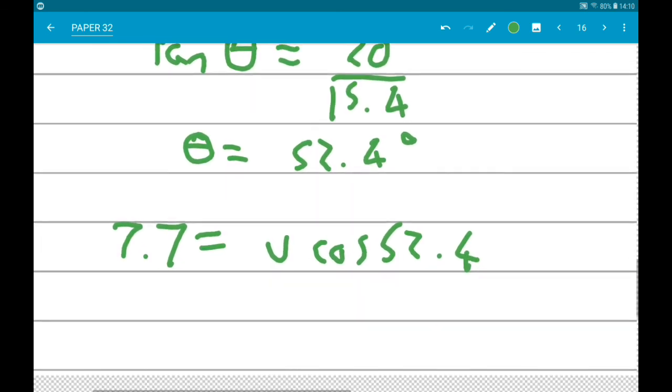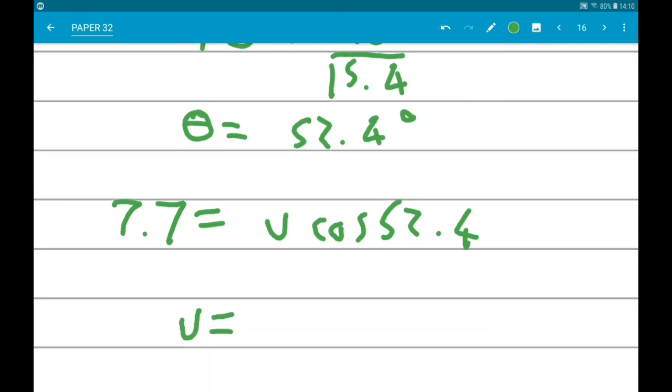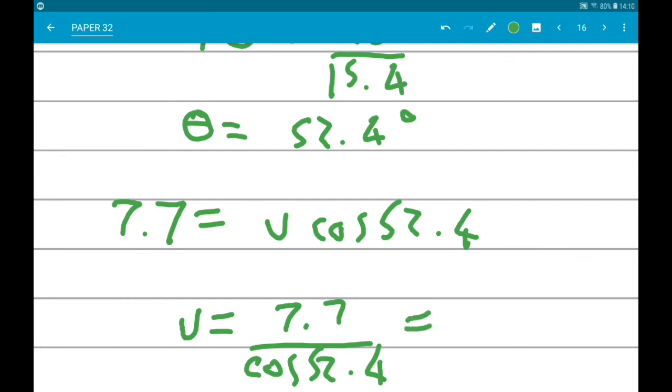So u is 7.7 divided by cos 52.4. And that gives us 12.6 meters per second.